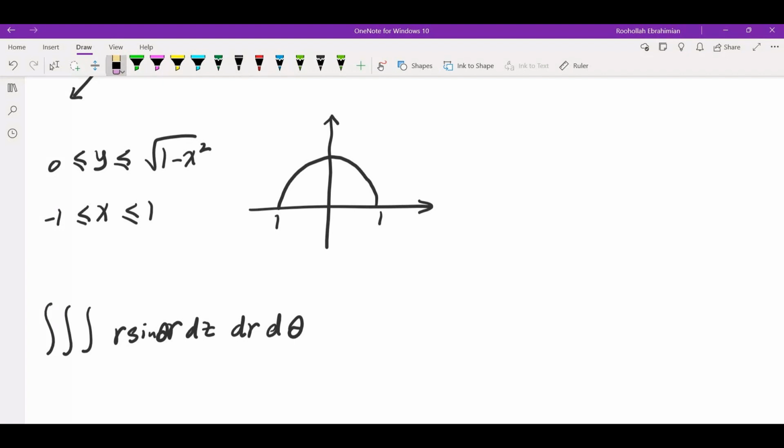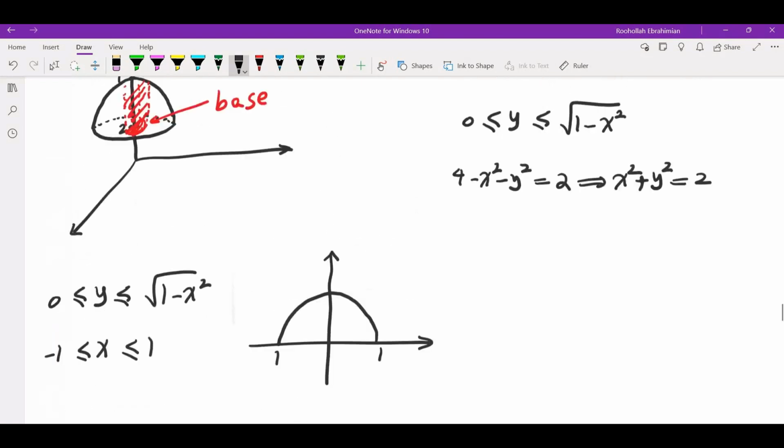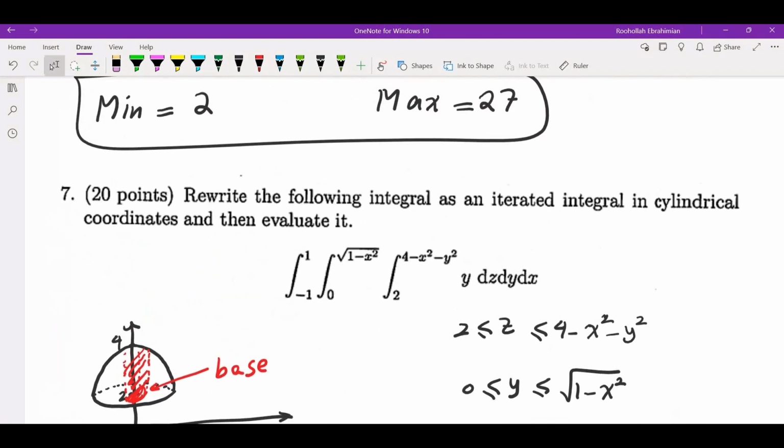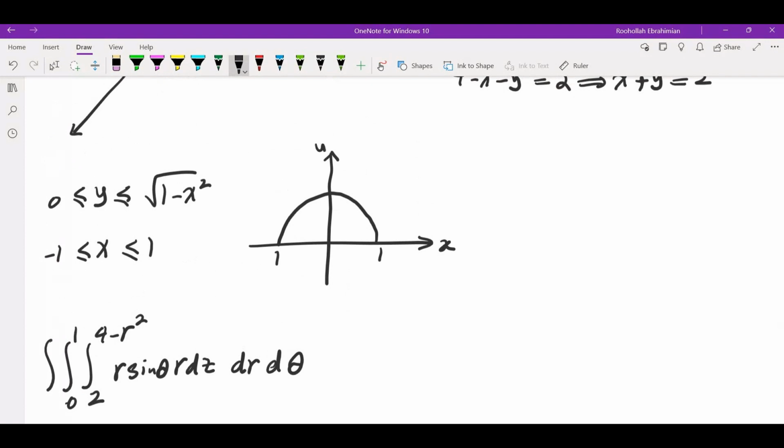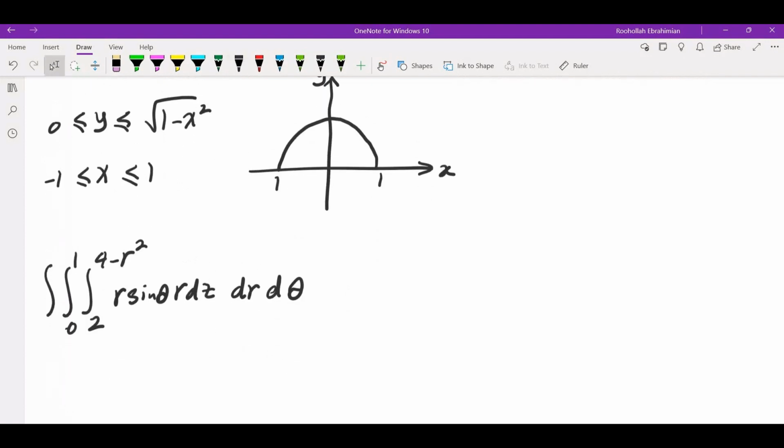What are the limits of z? z goes from the bottom of 2 to the top of 4 minus x squared minus y squared. So it would be 2 to 4 minus r squared. Limits of r are from 0 to 1, as we see from the projection onto the xy plane. This is how we find the limits of r. And limits of theta are going from 0 to pi.